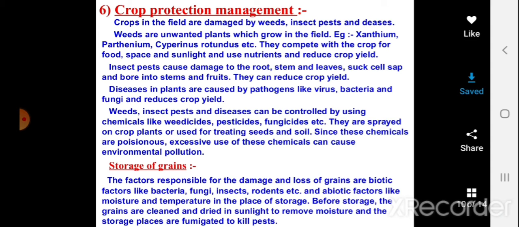Weeds are unwanted plants which grow in the field. Examples are xanthium, parthenium, cyperus rotundus. These are the common examples of weeds which grow along with the crops. They compete with our crop for food, space, sunlight and nutrients, and reduce the crop yield.